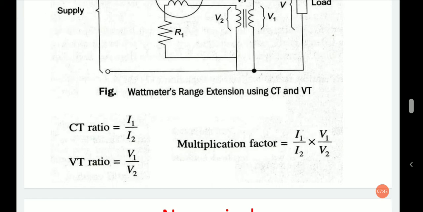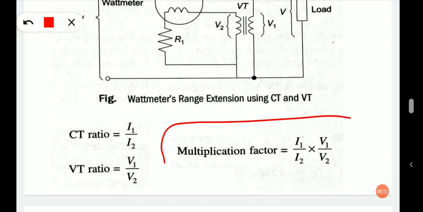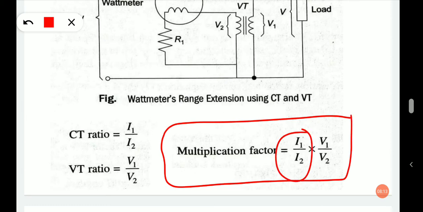To determine the actual value of load power, a factor is multiplied to the wattmeter reading, since the wattmeter indicates the product of CT and VT outputs. This multiplication factor is given by the relation: multiplication factor equals I1 by I2 into V1 by V2.